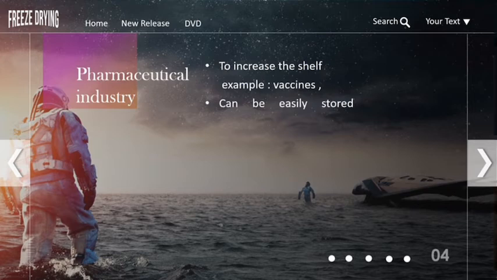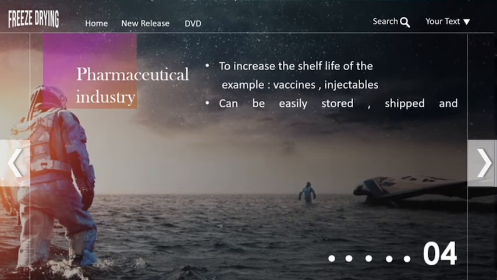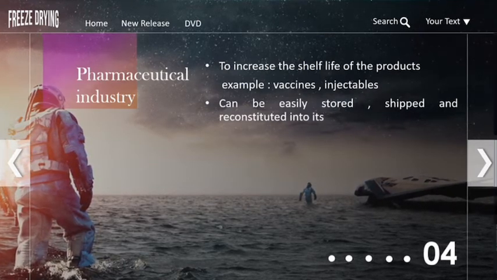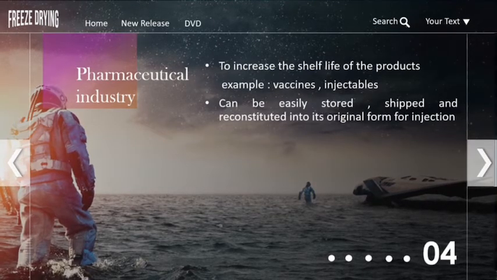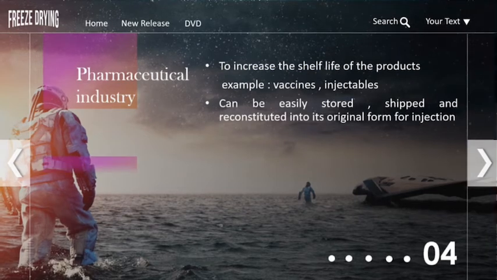First of all, freeze drying is important in the pharmaceutical industry to increase the shelf life of products, such as vaccines and injectables. Other than that, freeze-dried products can be easily stored, shipped, and reconstituted into their original form for injection.